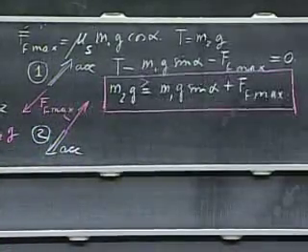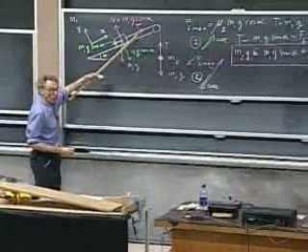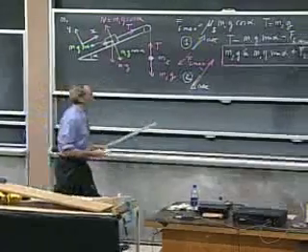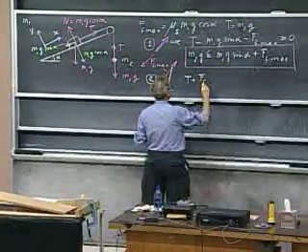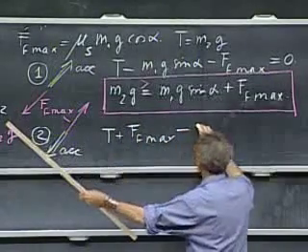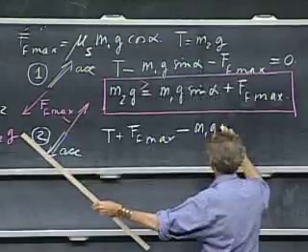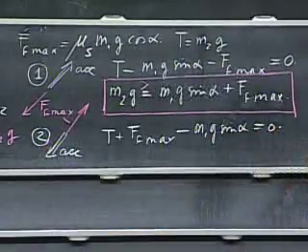So now I can write down Newton's second law. The frictional force is now helping T. So now we get T plus f max minus m1g sine alpha equals 0.